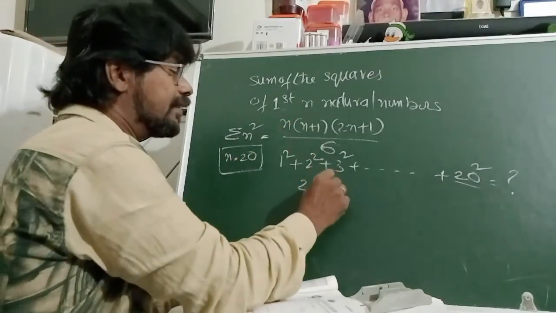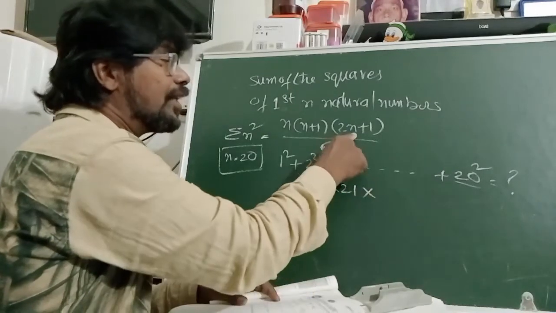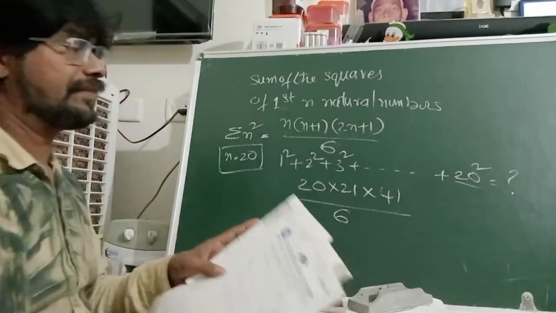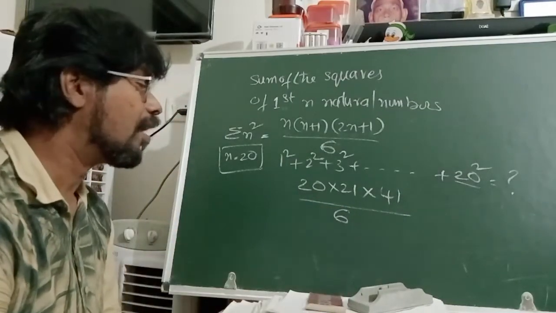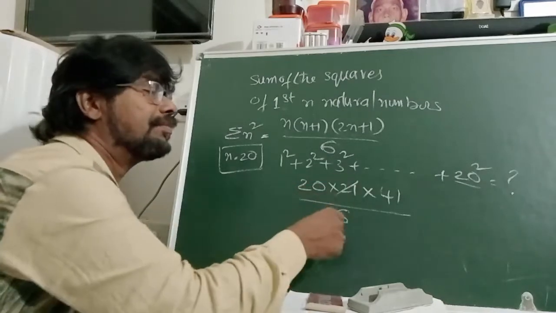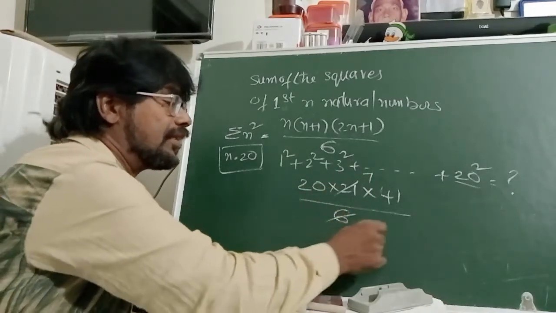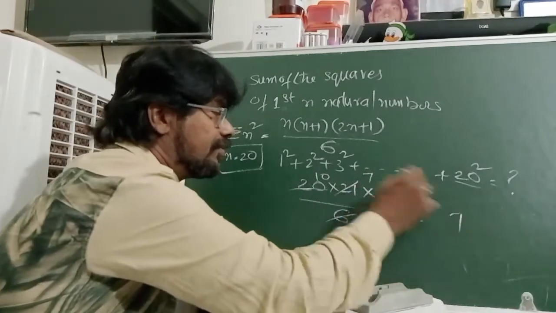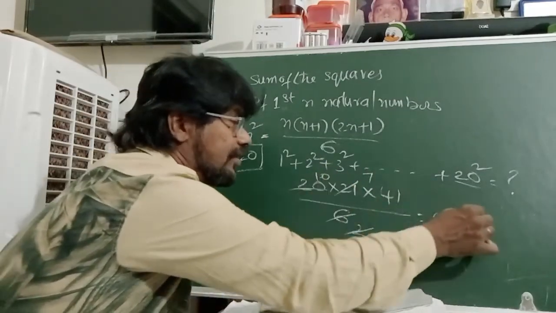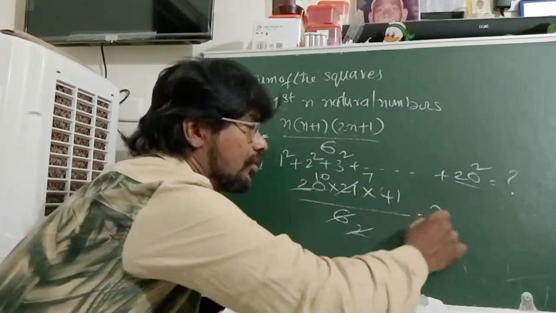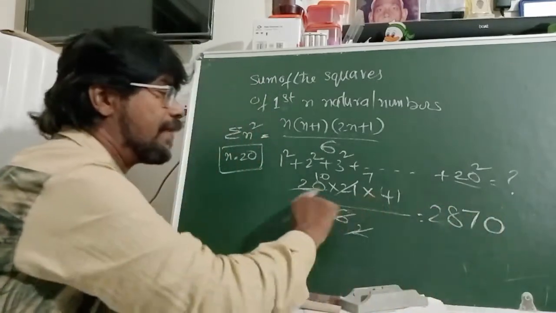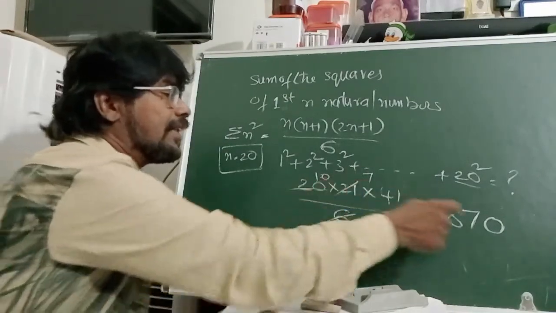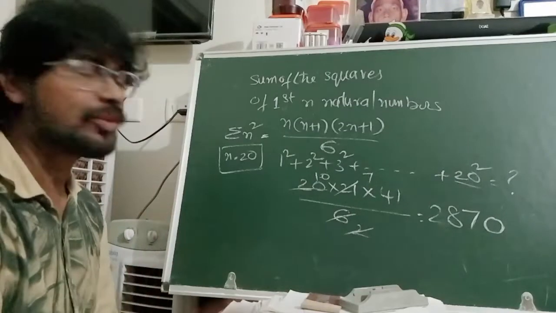So 20 into 21 into 2 twenties are 40 plus 1, 41, by 6. 3 table 7 times 2 times 2 table 10 times. So 2870. చూడండి, ఈజీగా చేయడానికి 7 1 జార్ 7, 7 4 జార్ 20. సో 10 కాబట్టి 10 క్యాల్కులేషన్లో కూడా ఈజీగా చూసుకోవాలి.